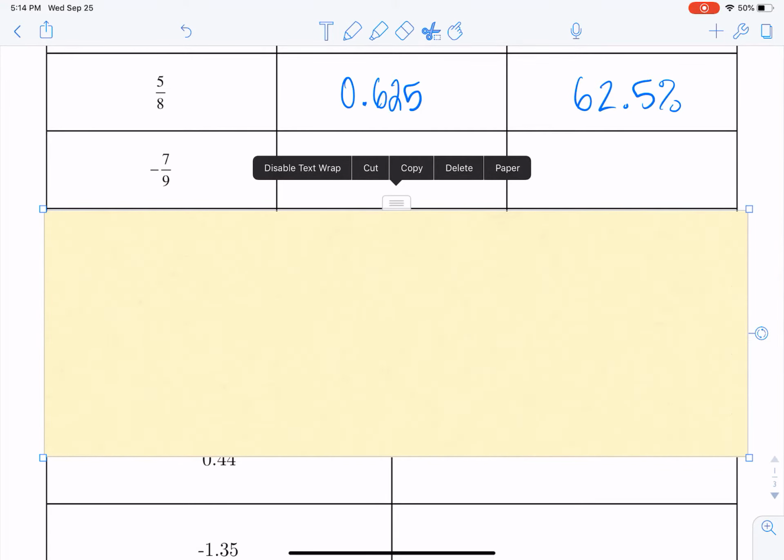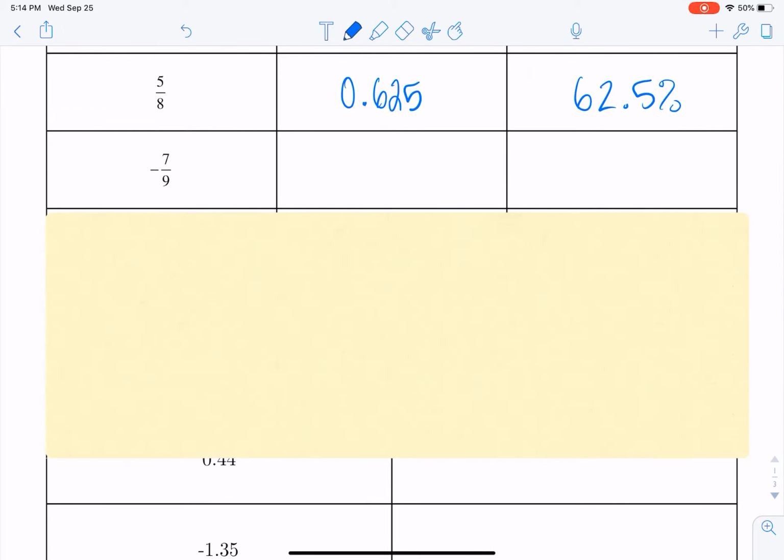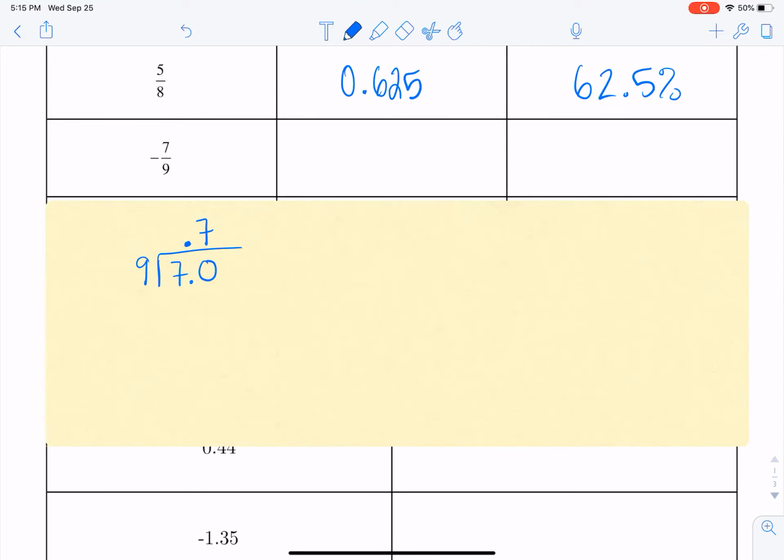And here I would like to know how many groups of 9 are within 7. I'll start here and put my decimal up top. I know that there are 7 groups of 9 in 70, so 7 times 9 gives me 63. I can subtract and I'm left with 7. Bring down another 0. How many groups of 9 are in 70? 7. 7 times 9 is 63.